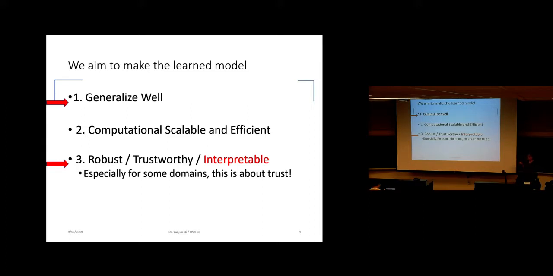And I should also label here that it also helps the model be more scalable to smaller data, and also more efficient. So all three properties can be improved through regularization. Keep that in mind.